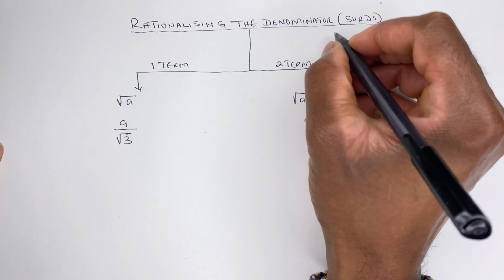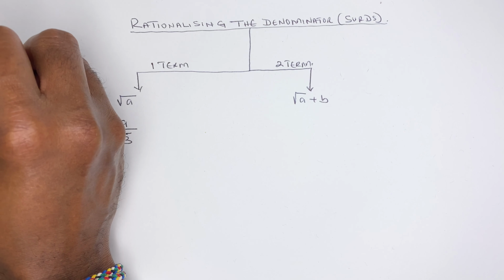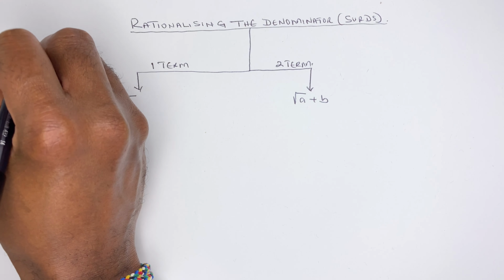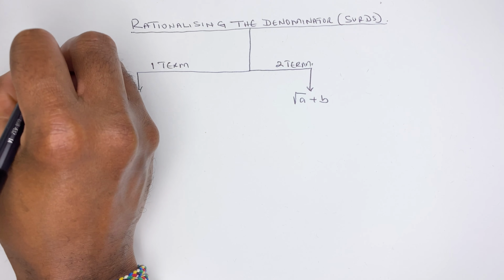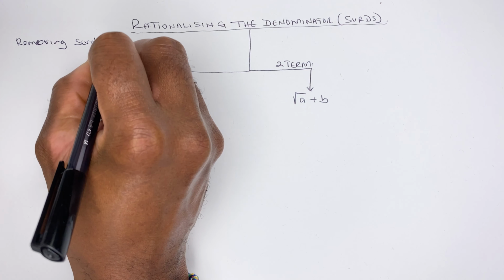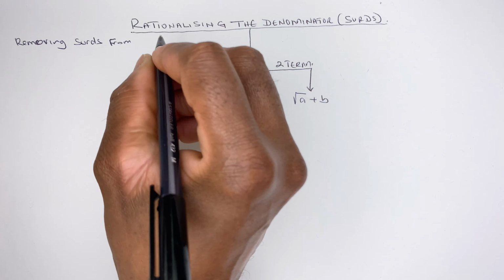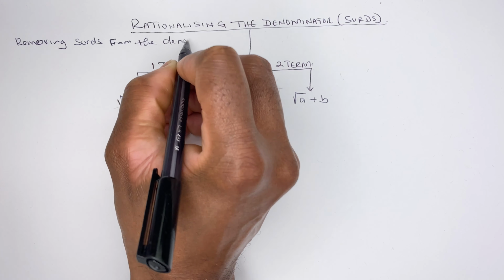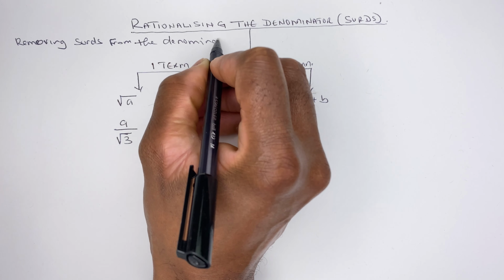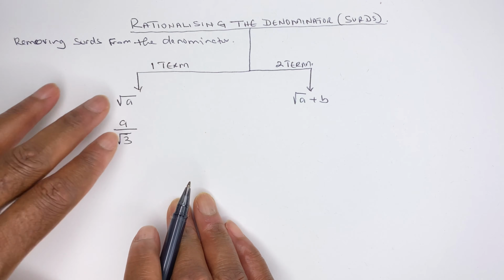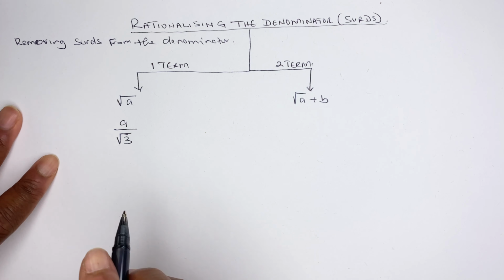So this is removing surds from the denominator. That's what rationalizing the denominator implies.